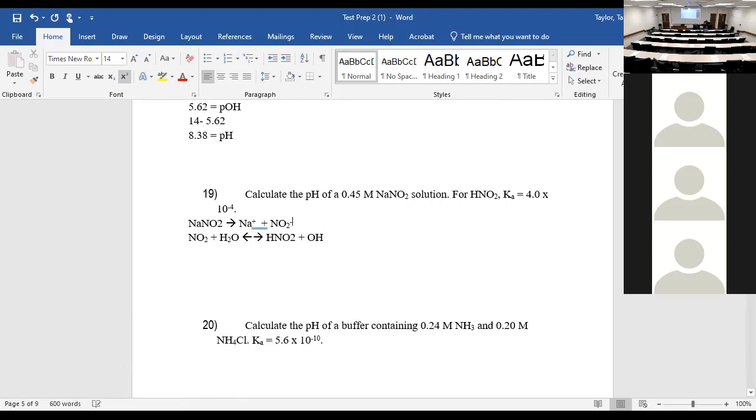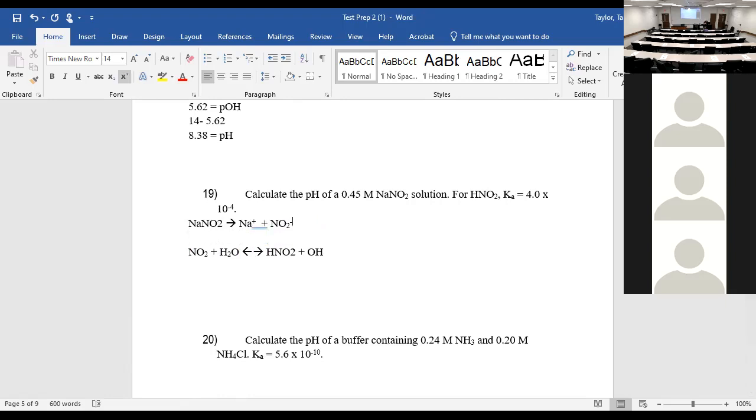And then let's move it down. We know at T equals 0, NO2 is going to be 0.45 molar. We know the water will drop out. So we come over here. HNO2 is going to be 0, and OH is also going to be 0. Correct.